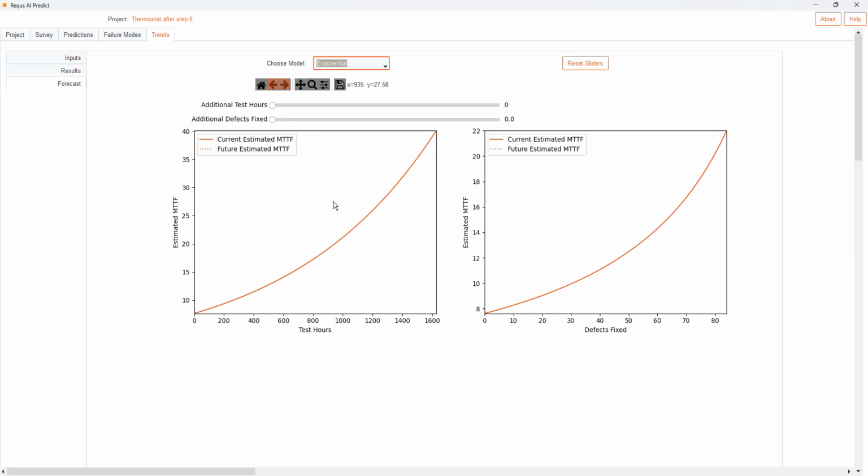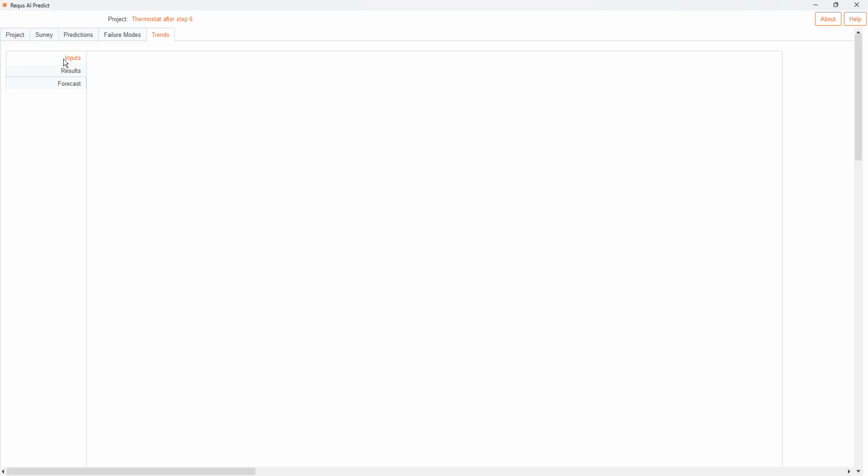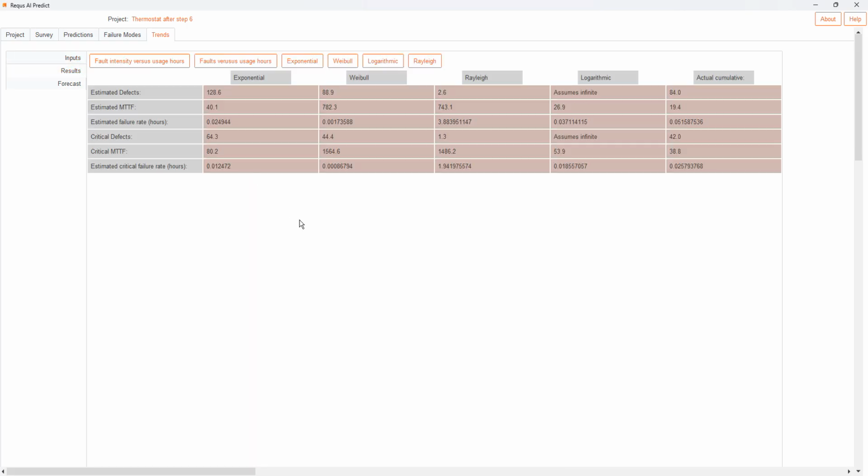The release decision many times isn't a simple yes or no. Many times it's conditional. If we're very close to meeting the goal but not quite there, the release could be conditional on fixing X number of defects or running X number more tests. So basically, that's how we use the actual failure data to forecast out and make release decisions.